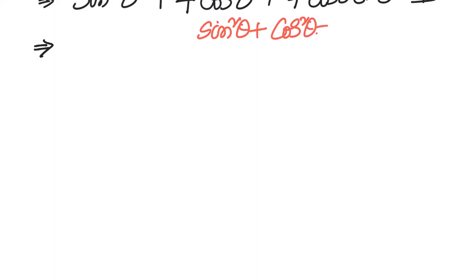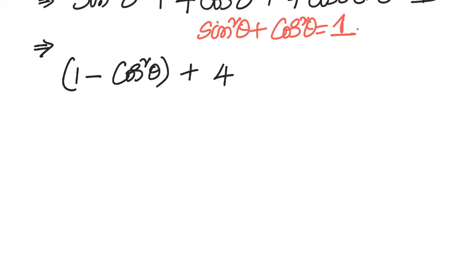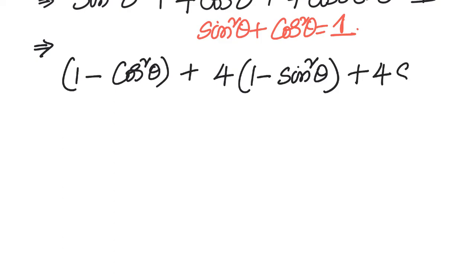In the next step we will write down 1 minus cos square theta plus 4 into (1 minus sin square theta) plus 4 cos theta sin theta equals 1. Let's open the brackets. We can cancel 1 on both sides.